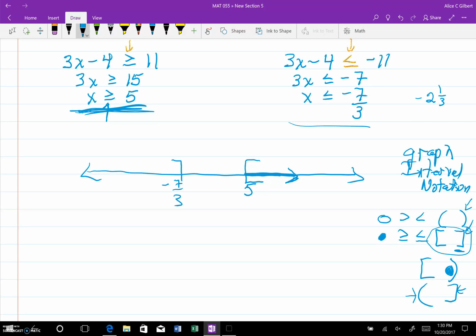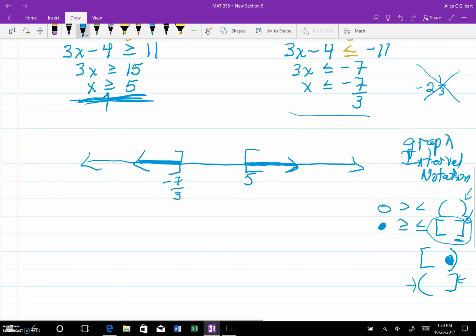So I know that this one is going toward the left, and again, then a big thick line here. Now, be sure, do not label it as a mixed number. Label it as the improper fraction that it is.